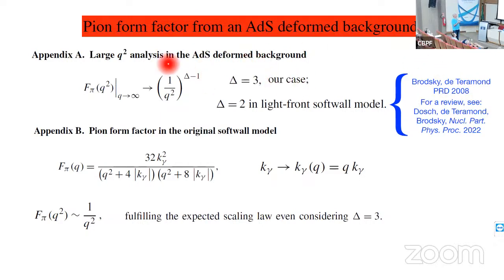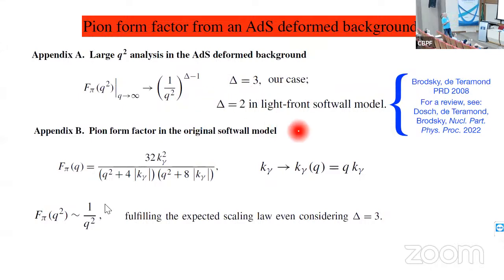One negative point of our previous analysis is that for this form factor, we have some expectations about the high Q limit, which should be 1 over Q square, right? But in our analysis, if you use the canonical dimension delta equals 3, we are not going to find 1 over Q square in our model.